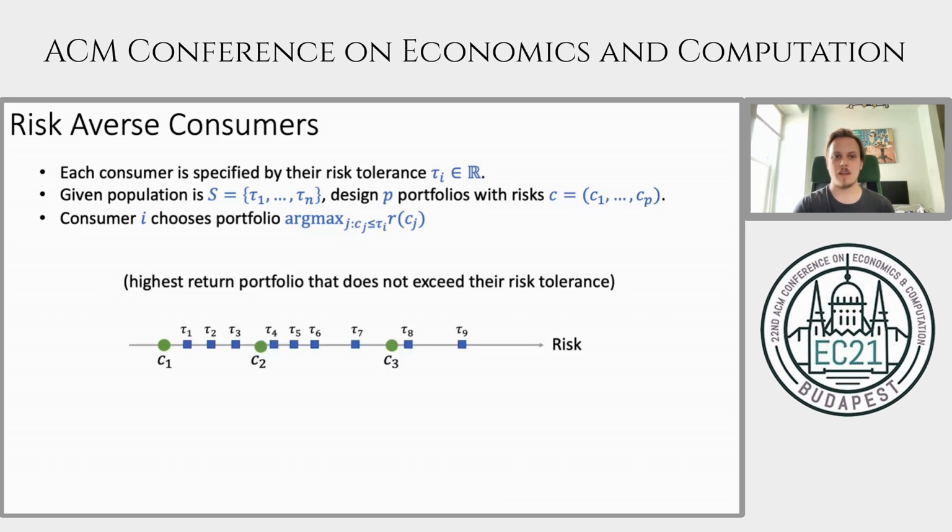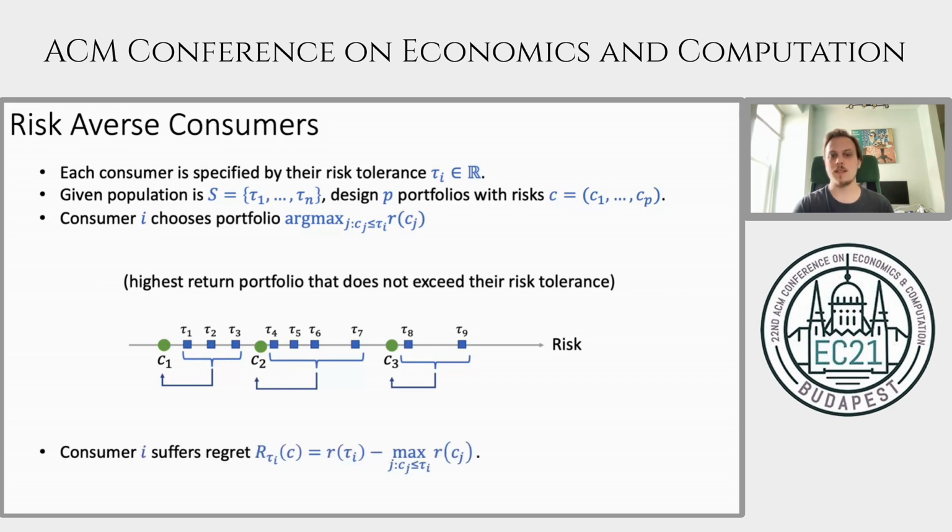Pictorially, I've plotted some consumer risk thresholds using blue squares and 3 portfolios of different risk values with green circles. Under this model, the first 3 consumers get assigned to that first portfolio, the next 4 get assigned to the second portfolio, and the remaining consumers get assigned to the third portfolio. When we do this, each consumer suffers from some regret, which is the amount of return that they've left on the table by using one of the portfolios we offered compared to one that was designed specifically for their risk threshold.